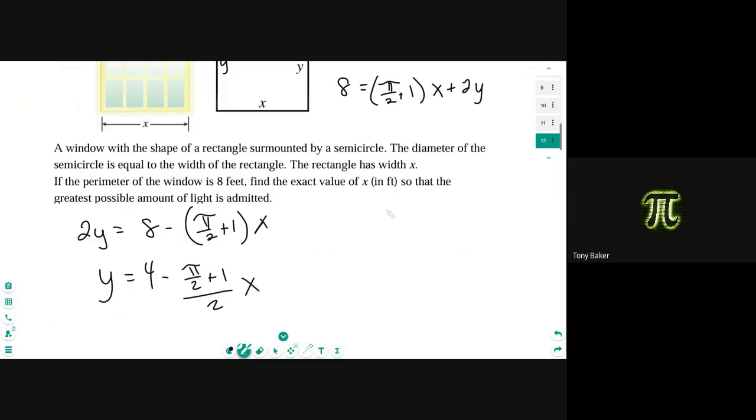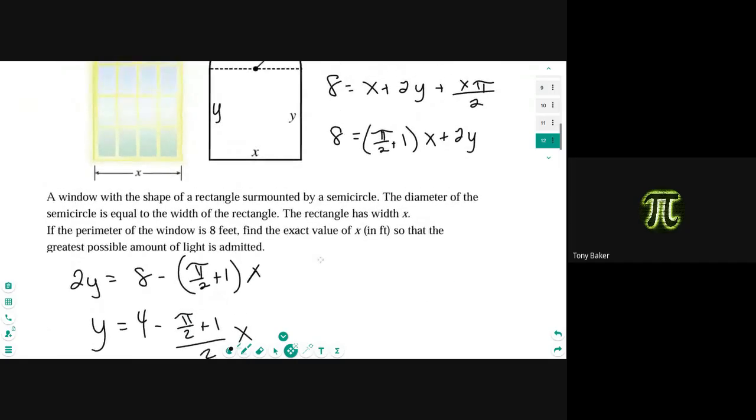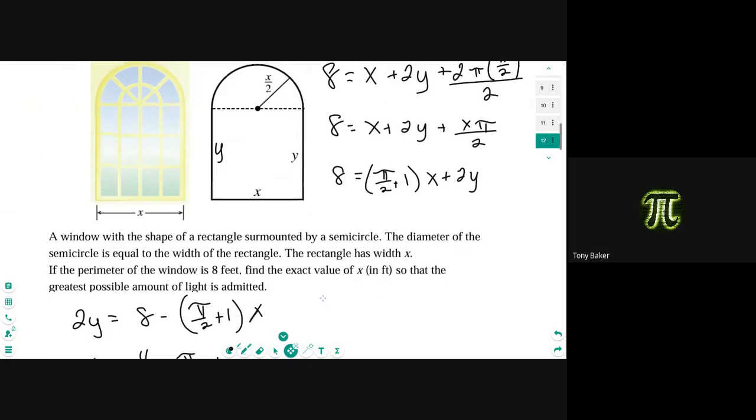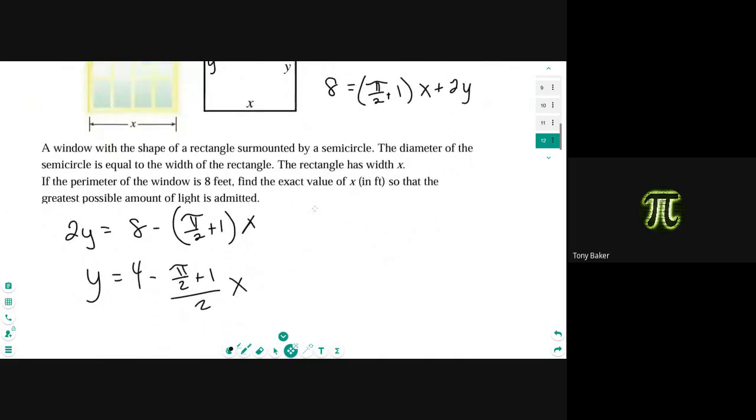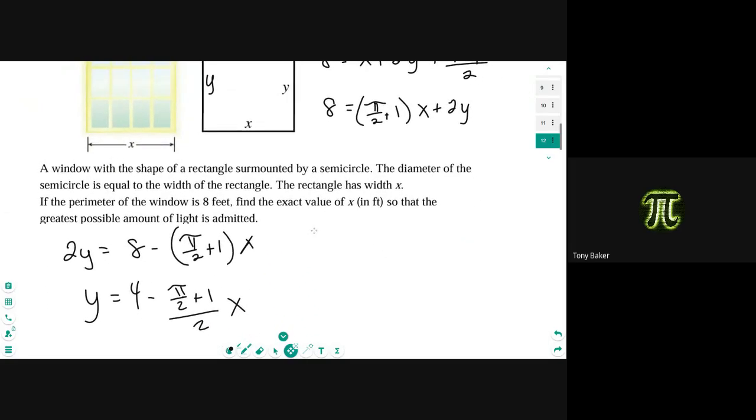All right, so now I need to find what? I want to maximize the amount of light. So what am I really looking for? The area. All right, so the area of this is x times y plus, what's the area of a circle?